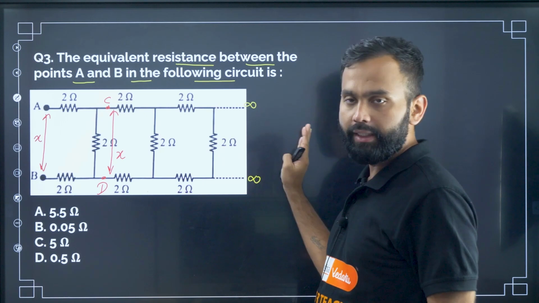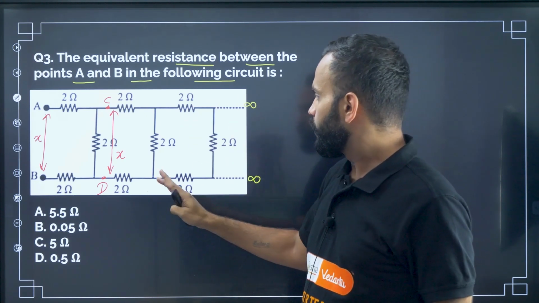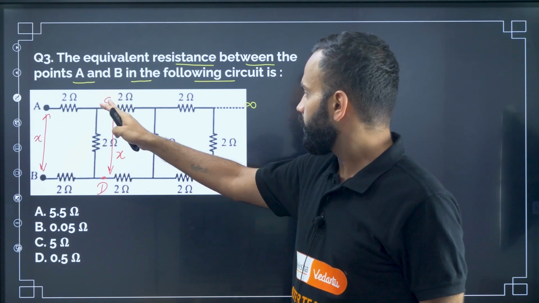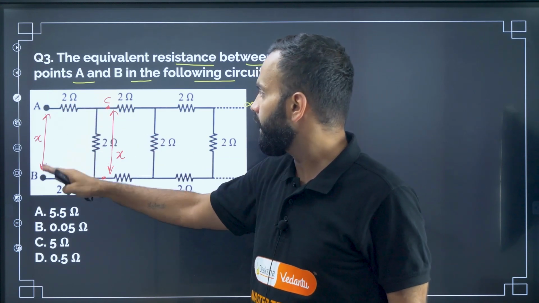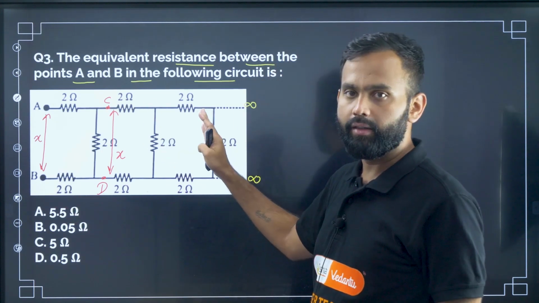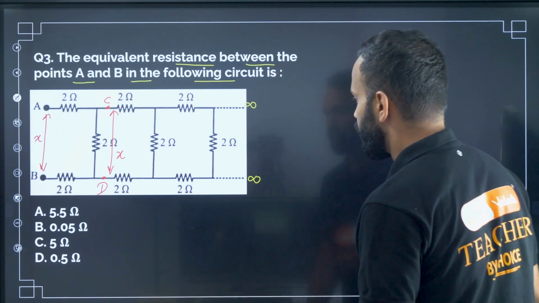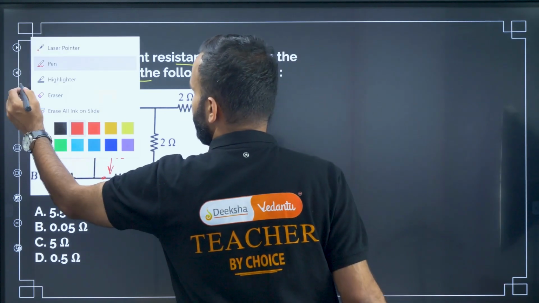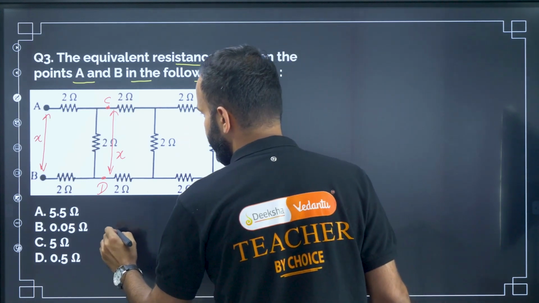Why? Because it is an infinite ladder. So here the equivalent resistance between C and D is almost equal to the equivalent resistance between A and B, because it's an infinite ladder. So here I can redraw this circuit diagram.